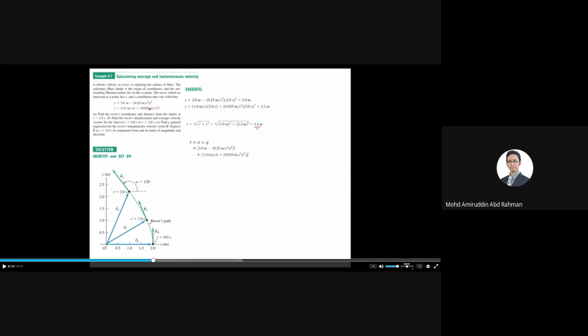Then you want to define the vector. The vector r equals x i plus y j. What is your x? Your x is this one, where you insert from here, and your y you insert from the top, which is 2.2.